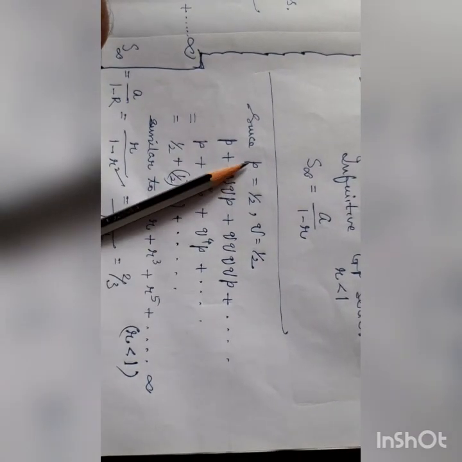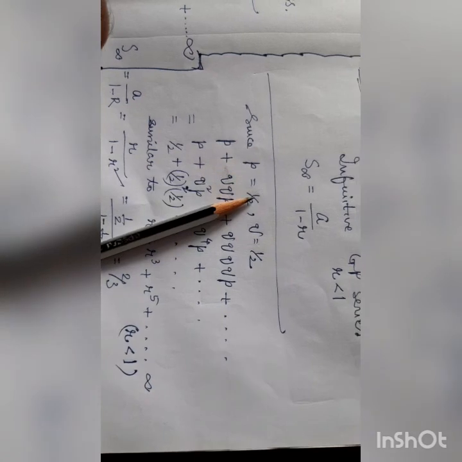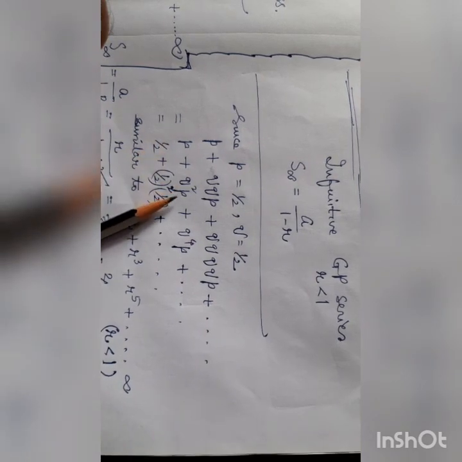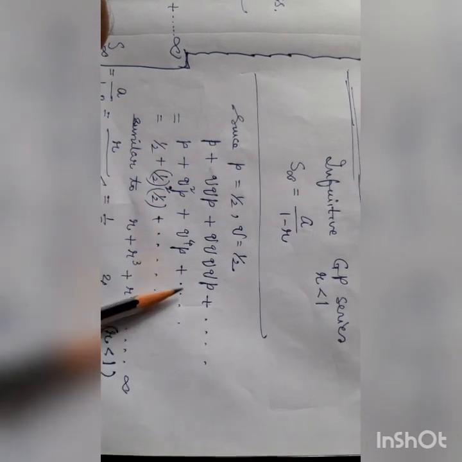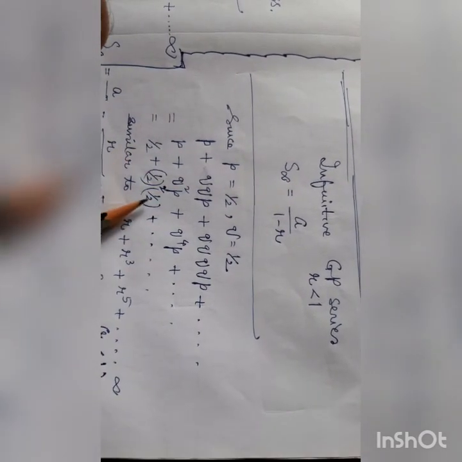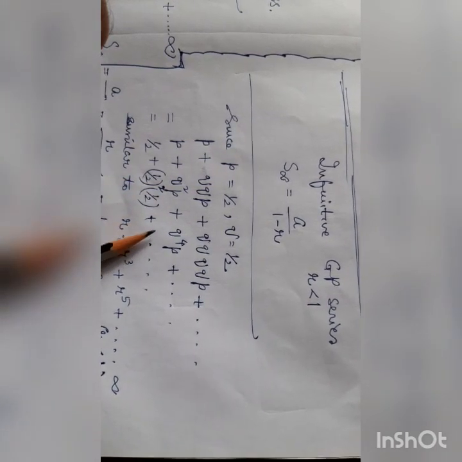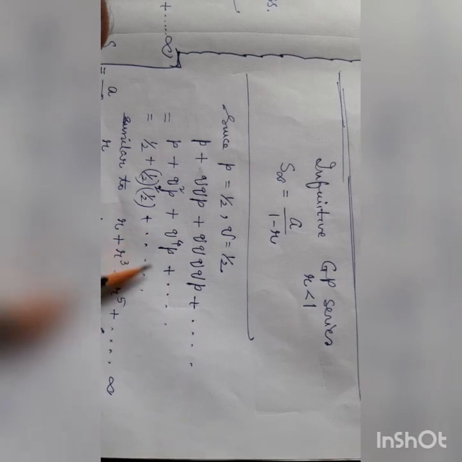What is P? Getting head 1 by 2. What is Q? Getting tail 1 by 2. P, Q square P plus Q power 4P plus so on. Q square P means 1 by 2 square into 1 by 2 plus 1 by 2 whole power 4 into 1 by 2.